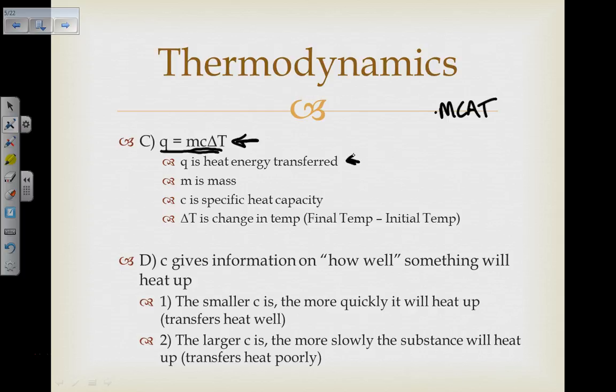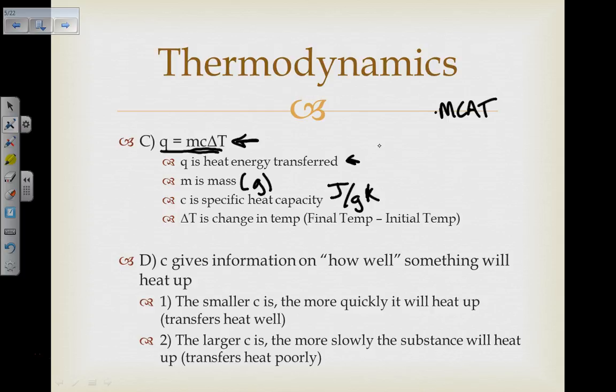But Q is the heat energy that is transferred. It's how much heat is being transferred in the reaction. Okay, and then you have the mass, which we're going to usually measure in grams. C is that specific heat capacity, which is a given, and that has units of joules per gram Kelvin.